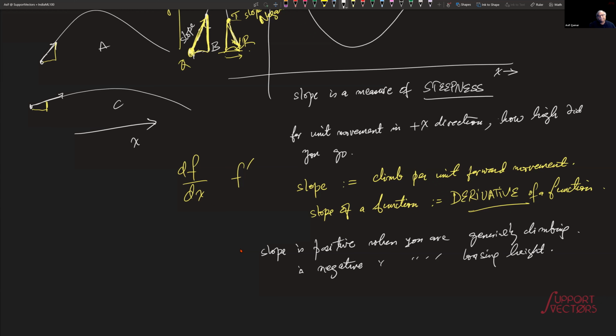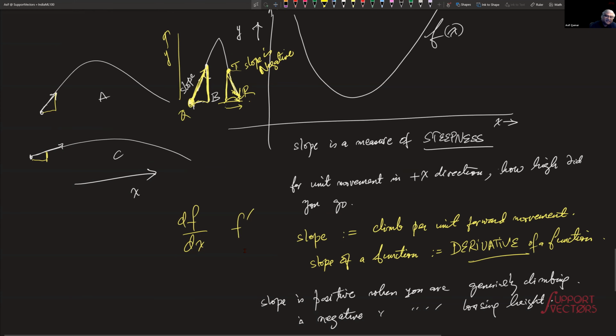Are we together? So now let's look at this picture and suppose I take 2 points. Let me call this P and let me call this point Q. And the point up here is the function of P and the function of Q. At point Q, when you are here, if you move one step forward, will you gain height or lose height?